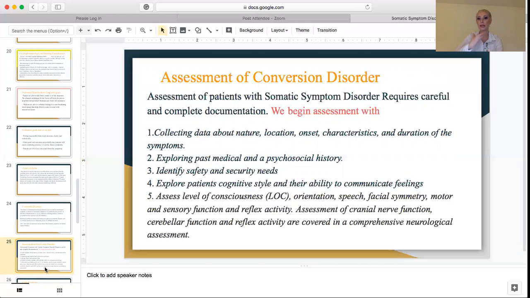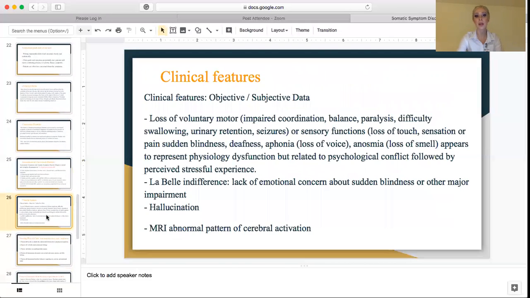Are they able to speak out what they want to say? Assessing for level of consciousness, orientation, speech, facial symmetry, motor, sensory function, and reflex activity. Assessing cranial nerves is very important. Cerebral function, reflex activity, covered in a comprehensive neurological assessment.